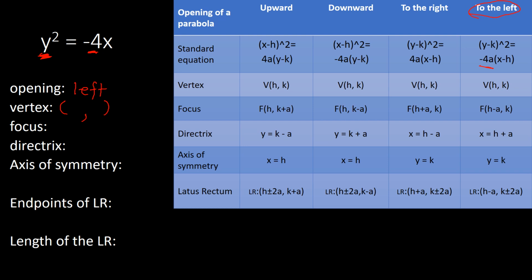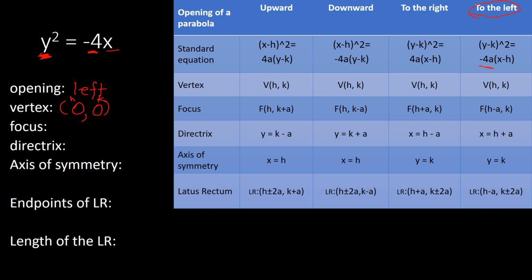Since we don't have any number added or subtracted to it, automatically this is going to be a 0, and I'm writing that one here on the y coordinate of the vertex. And on x here, since we don't have a number added or subtracted to it, automatically that is also a 0. So this is now the vertex in which this is our h, this is our k.